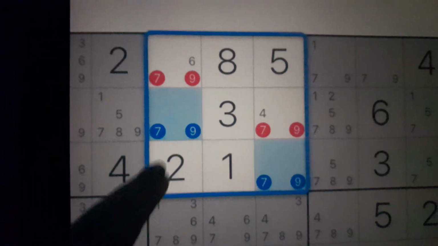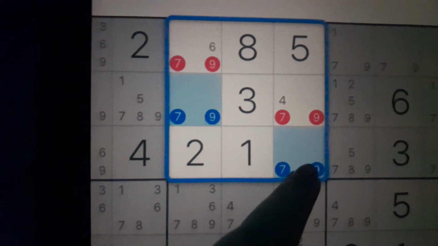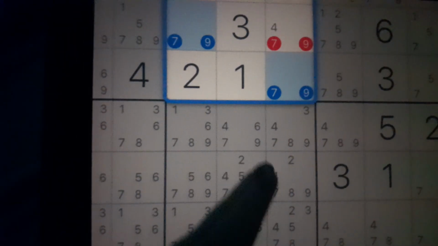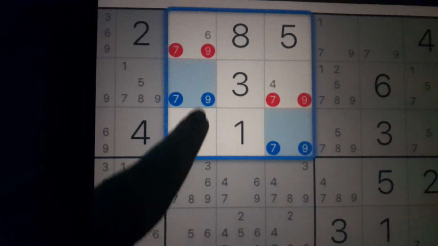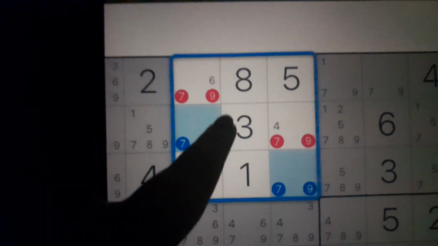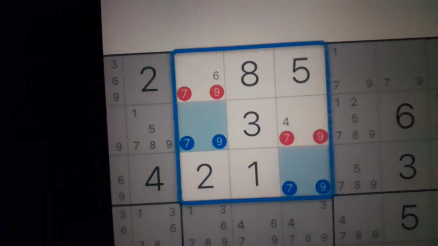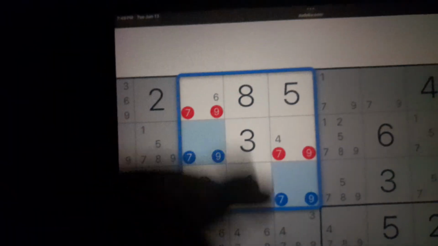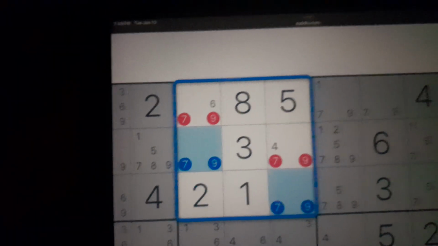So in this example, as you can see here, there are 2 cells that have the exact same pair, no other added numbers, the exact same pair of 7 and 9, 7 and 9. So, of course, if you're in auto candidate mode, the removal of these notes from the other cells won't be done for you.